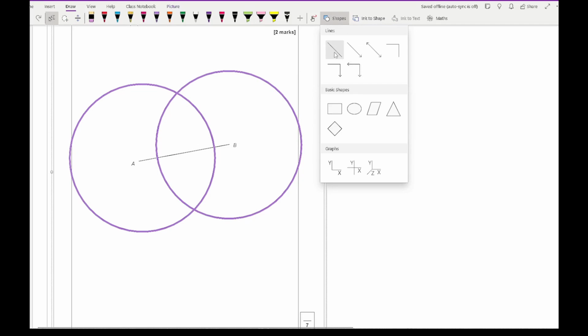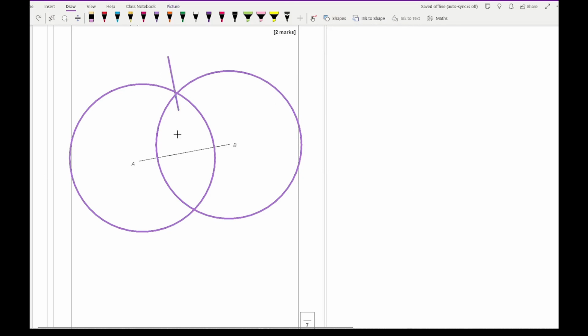And then what you need to do is draw a line going through the 2 intersection points. This again is going to be a bit fiddly to do on the computer, but with a compass and a pencil it should be relatively easier.